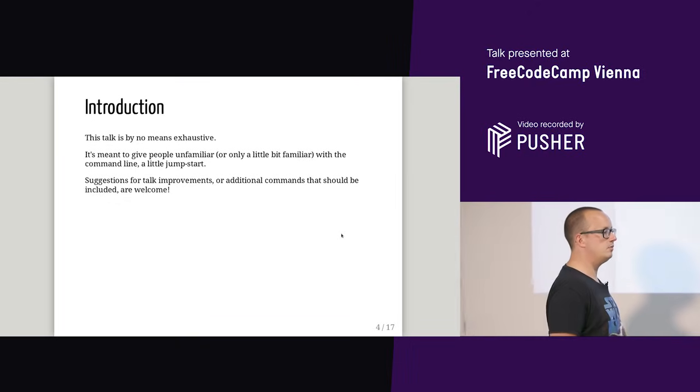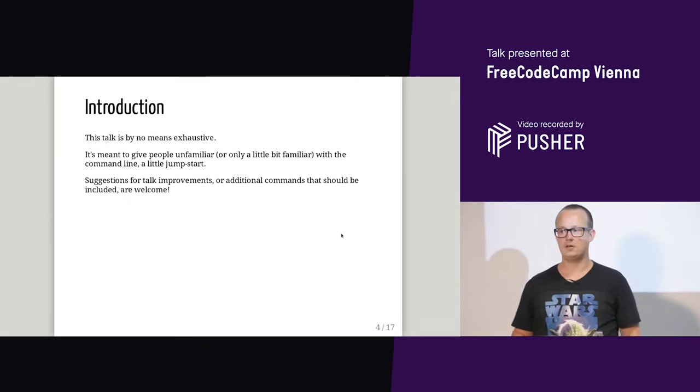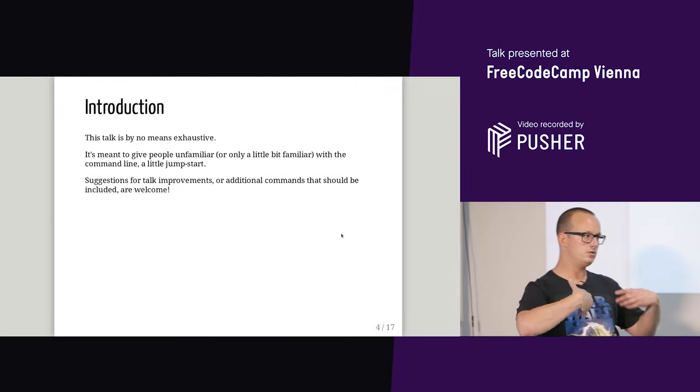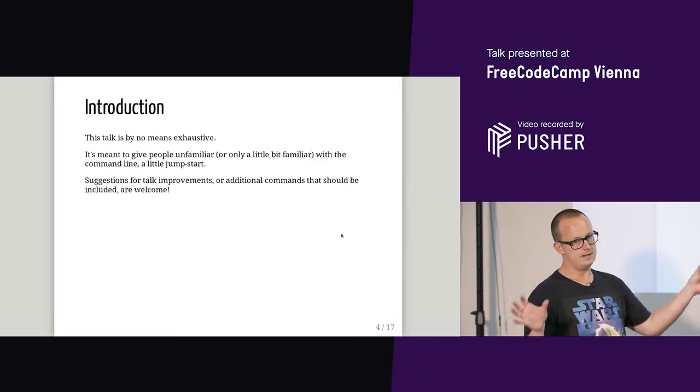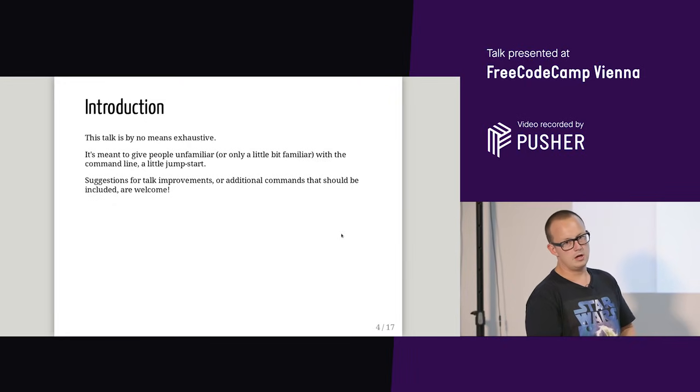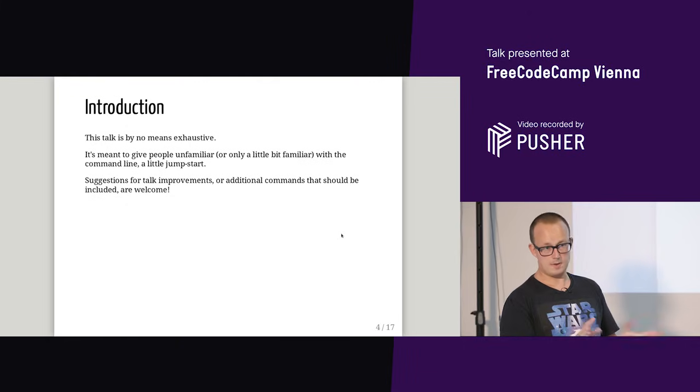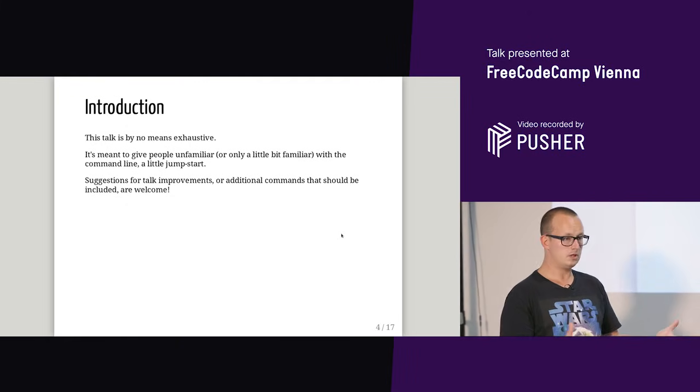One thing that I think we should make clear first is that the command line is just an alternative to the GUI, the graphical interface that you use to do stuff on your computer. You might go to YouTube to watch videos. You can also download YouTube videos from the command line with commands, for example.